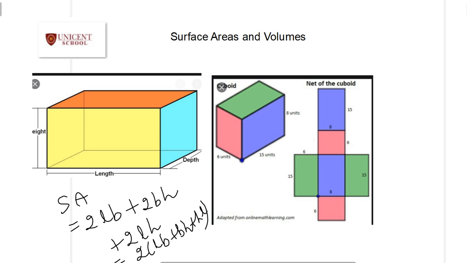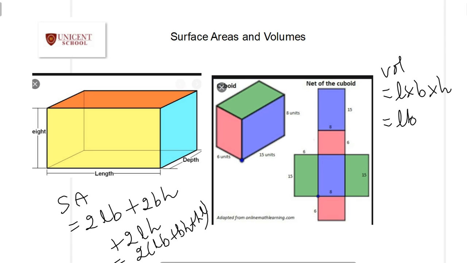So this forms the surface area of a cuboid. How will we find the volume of a cuboid then? We know that it is LBH, and here L, B, H are different. The formula remains the same, L into B into H cubic units. This is how we calculate the volume and surface area of a cuboid.